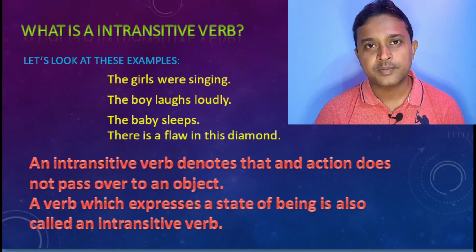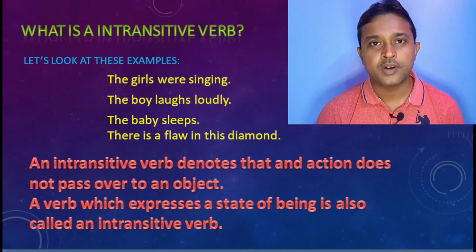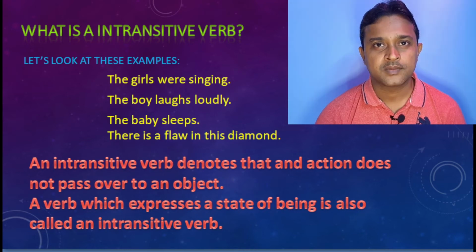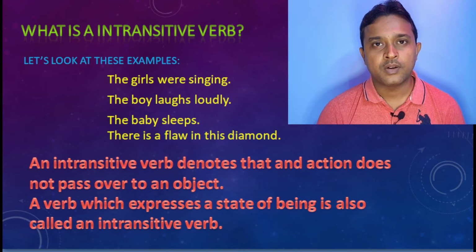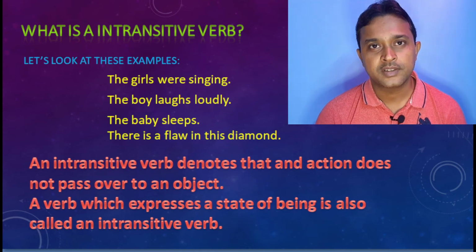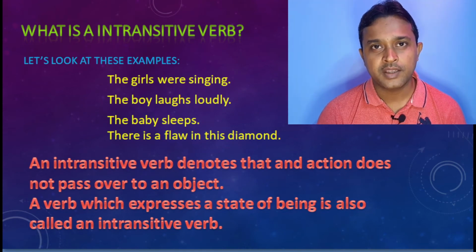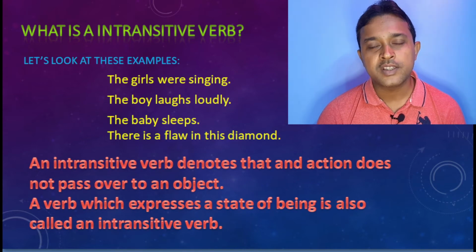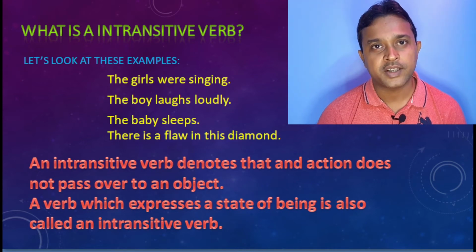Here, the verb laughs is followed by an adverb, loudly. There is a flaw in this diamond. So the verb here is followed by a complement. There is no object here. So in all these four examples, the verbs are intransitive.